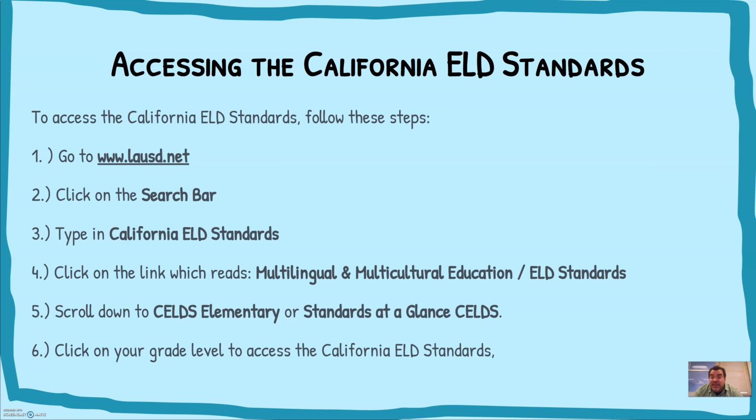Step 3, type in California ELD standards. Step 4, click on the link which reads Multilingual and Multicultural Education - ELD Standards. Step 5, scroll down to either the CELDS Elementary or Standards at a Glance, CELDS. Step 6, click on your grade level to access the California ELD standards.